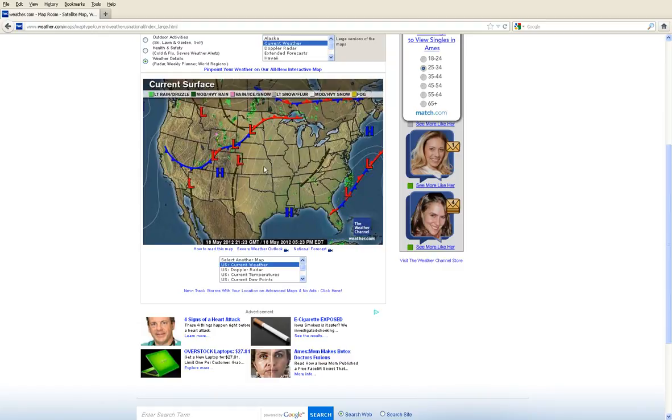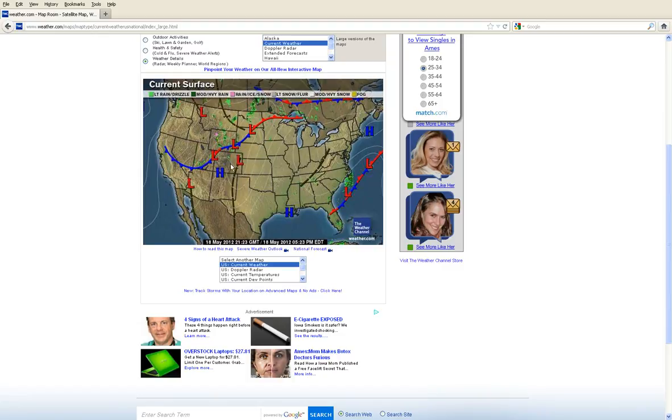Again, these white lines are what we call isobars, and they're lines of equal pressure. Now, what's really nice about these isobars is that we can count the number of isobars across Iowa and infer wind speed and even wind direction. Around low pressure, winds blow counterclockwise.